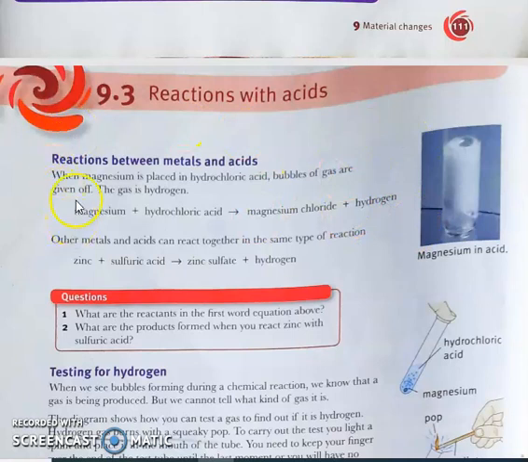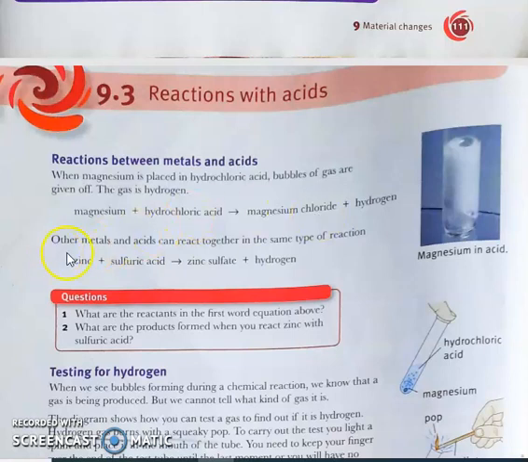Here is an example: magnesium reacts with hydrochloric acid to produce magnesium chloride and hydrogen. The magnesium displaces hydrogen and hydrogen gas is formed. Magnesium plus hydrochloric acid react together to produce magnesium chloride plus hydrogen.